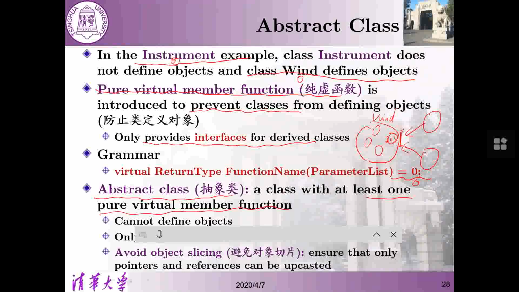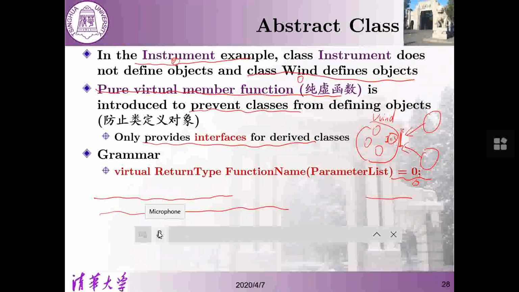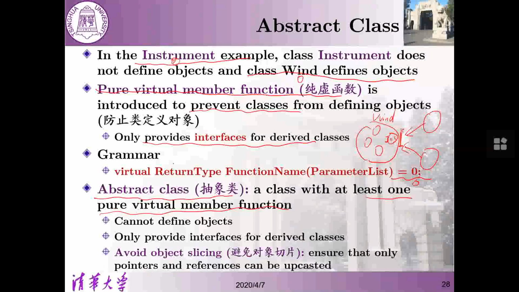Okay. So for abstract class, we just mentioned that it cannot define objects, it only provides a way.